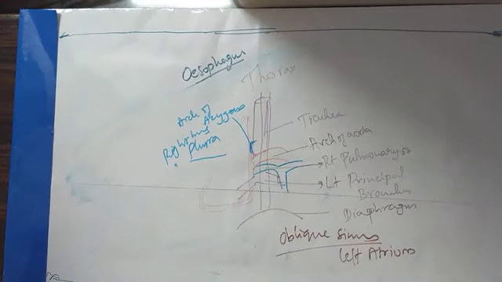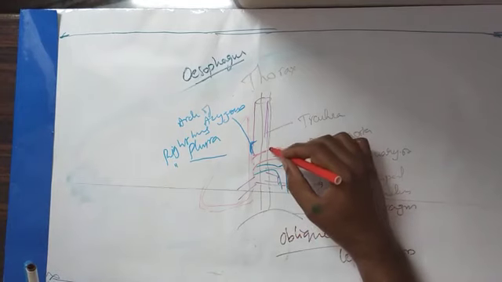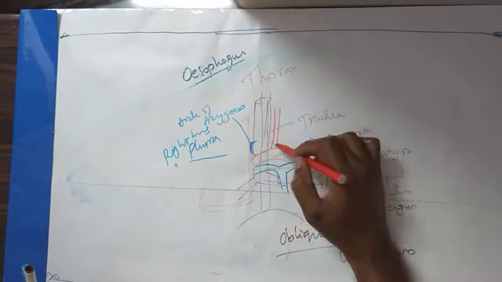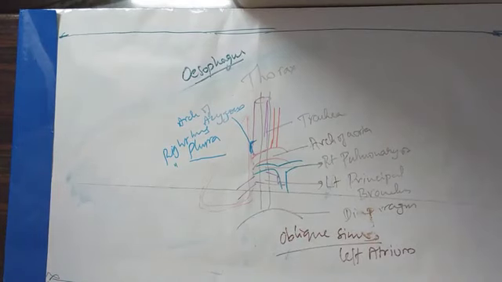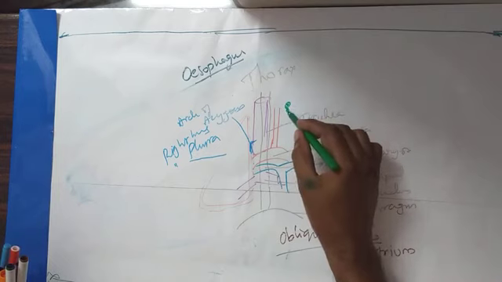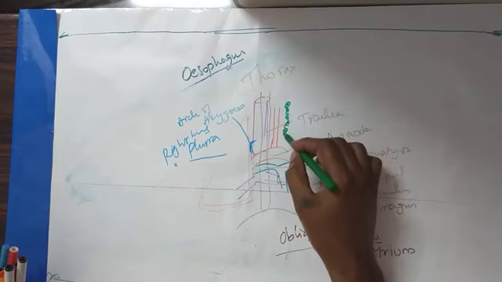Then what about the relations on the left side? So what happens from this? Here we have an artery going from this arch of aorta upwards. So there is one artery. Then we have a duct which is related with your lymphatics, which looks something like a beaded structure.